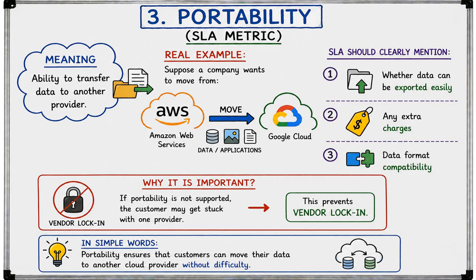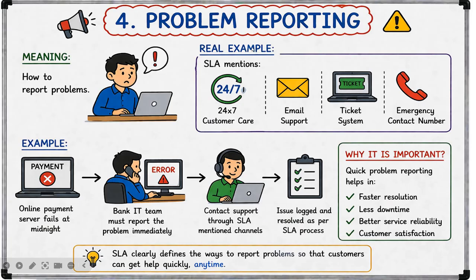So portability is important because it gives freedom to switch providers, reduces risk and dependency, ensures data flexibility, and prevents vendor lock-in. In simple words, portability ensures customers can move their data to another cloud provider without difficulty.